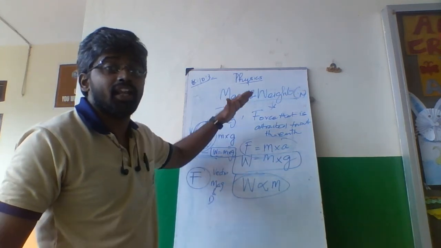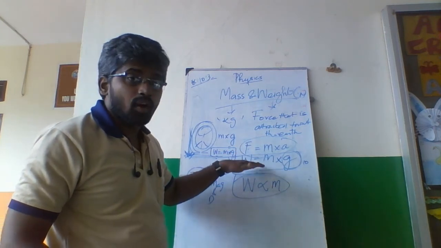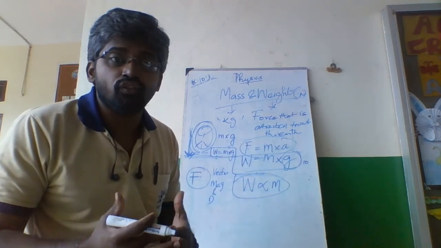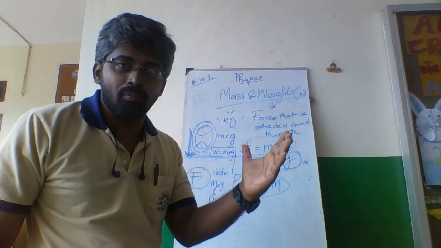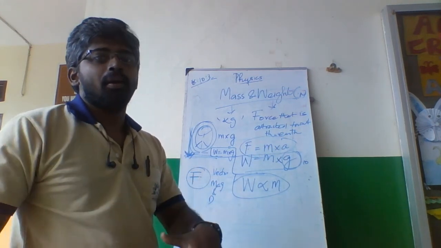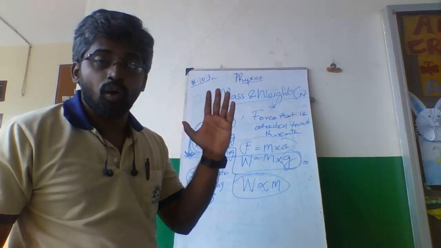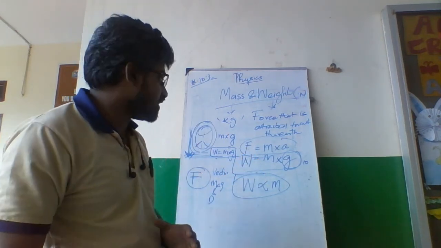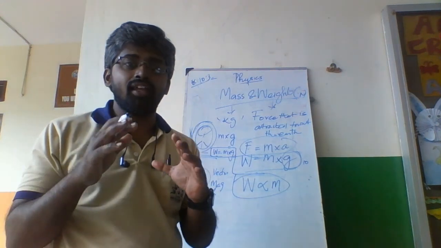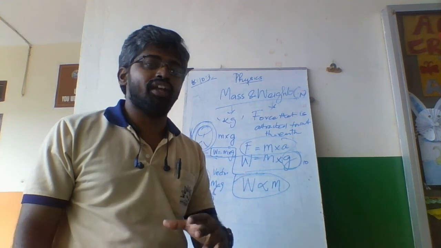Weight is measured in Newton, not in kilogram. So your weight on the earth is different from your weight on the moon. Because of this concept, people are floating or flying when they are on the moon. We see the astronauts flying on the moon because their weight is not the weight they have on the earth.